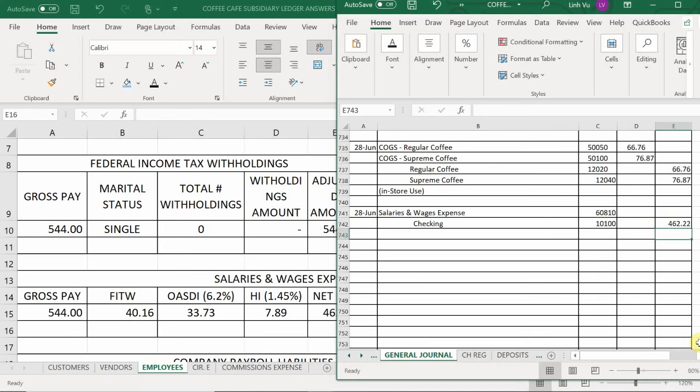Now, how much did she earn from my company? Don't forget, she had to pay into her own taxes. The 544. She earned a total of 544.